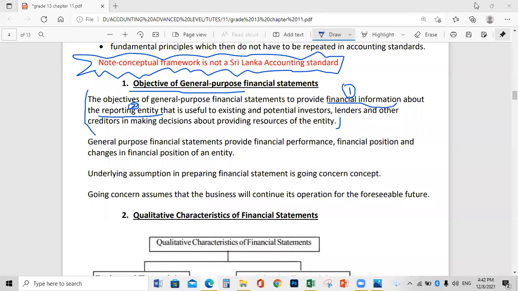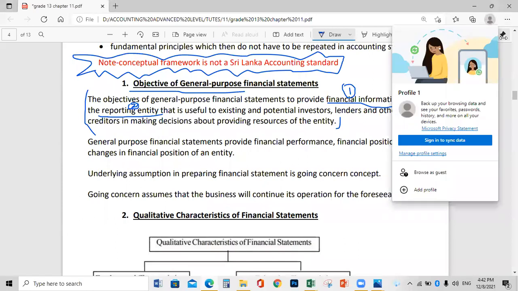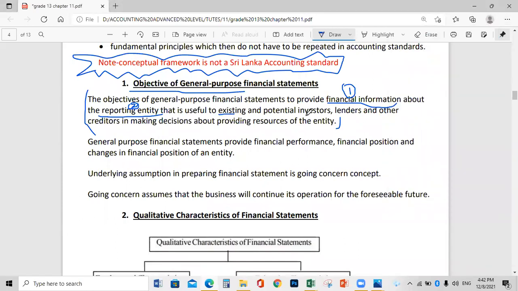So that is useful for whom? That is useful for the existing and potential investors, lenders, and other creditors. This is the third one you need to remember. So you are providing what information? Financial information. About whom? About the reporting entity. That is useful for whom?